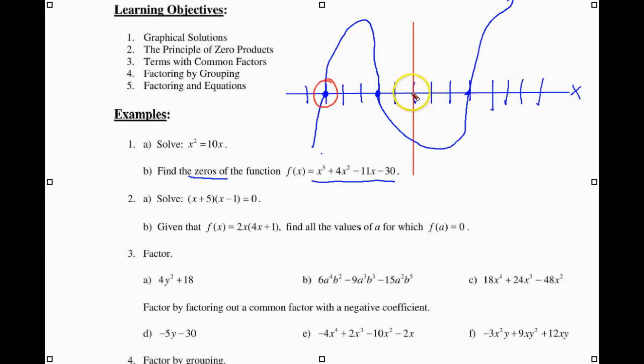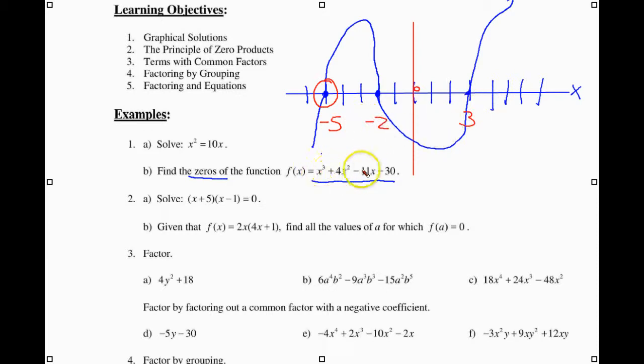So remember, what is your y value when a line crosses the x-axis? Well, it's 0. So when they ask you to find the zeros, it's where in the graph the line crosses the axis. So it crosses it here at -5, -2, and 3.